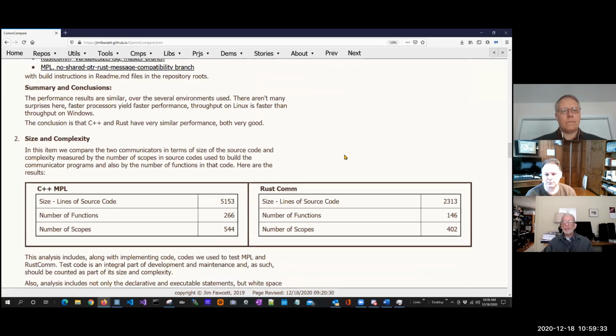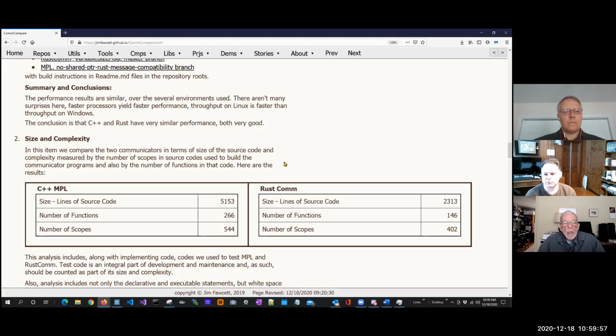Size and complexity is an interesting topic. I wanted to keep these measures really simple. This could get complicated in a hurry, and I didn't want that. I wanted to keep the comparisons as simple and understandable as possible. So what I did was I counted the source lines of code.